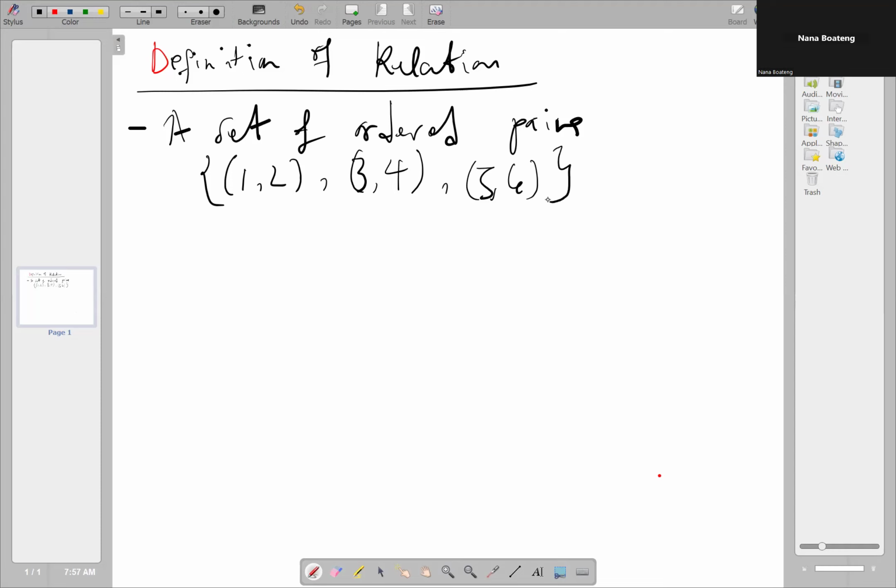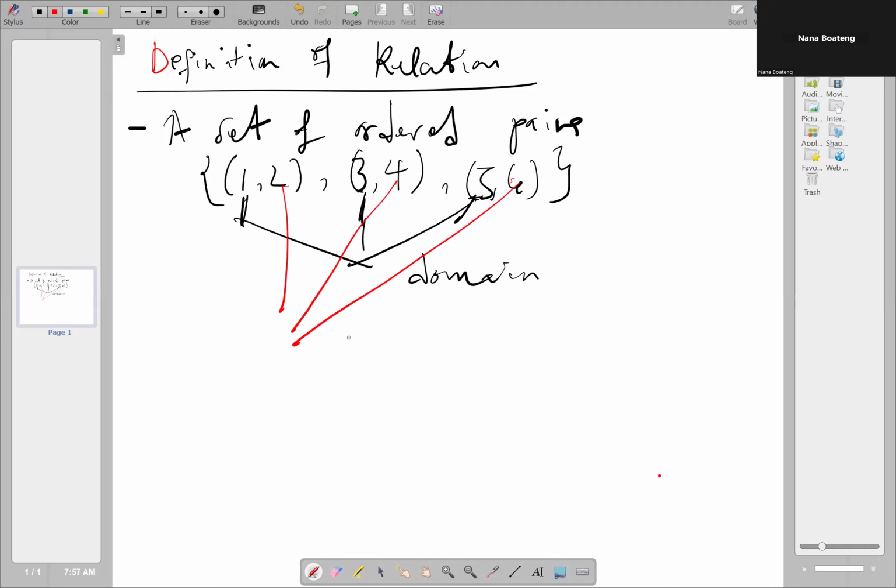So this is a set of ordered pairs, and we call this a relation. The first components of these ordered pairs are known as the domain of the relation, and the second components are known as the range of the relation.